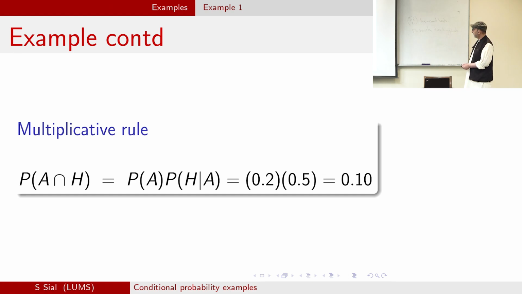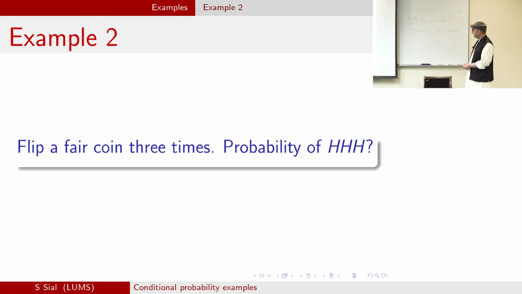Okay, another one. You flip a fair coin 3 times. What's the probability of getting 3 H's? 1/2 times 1/2 times 1/2, right?